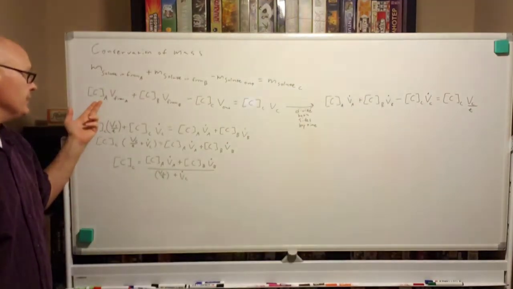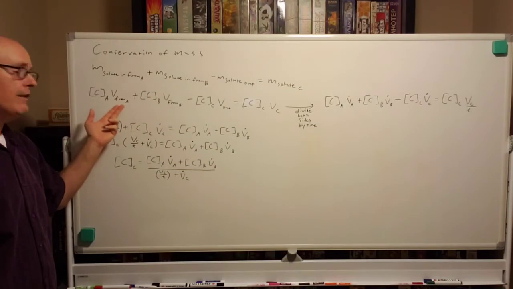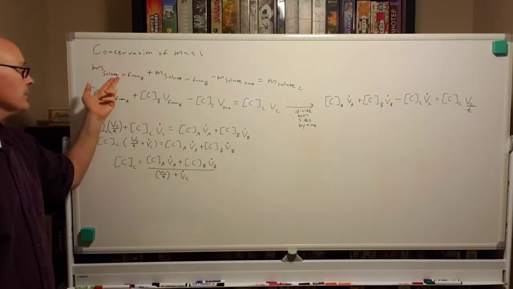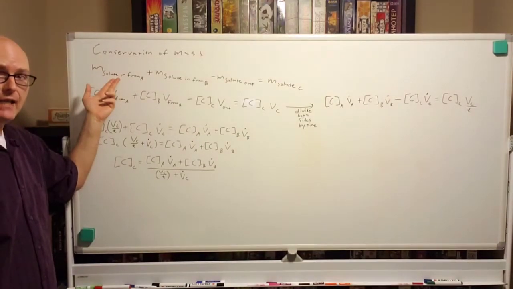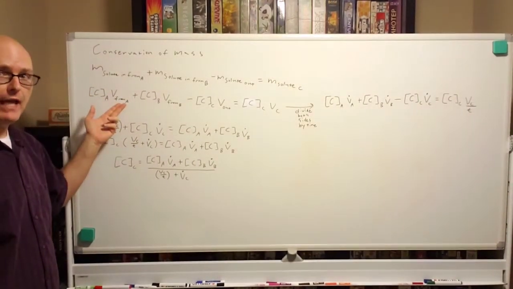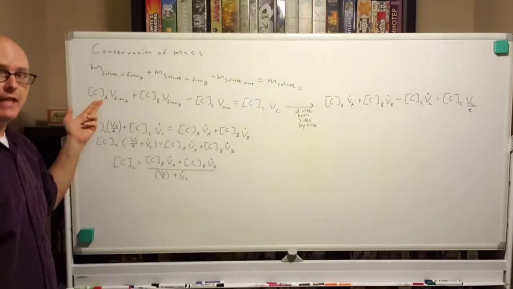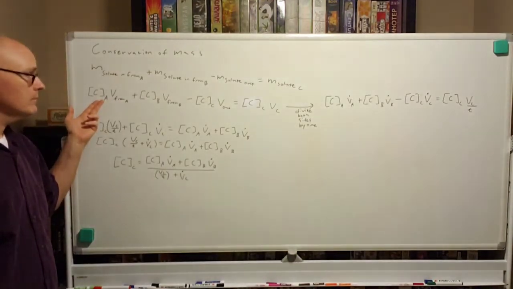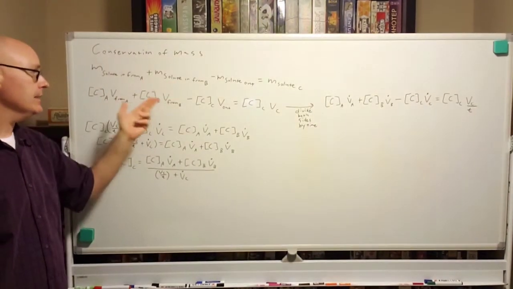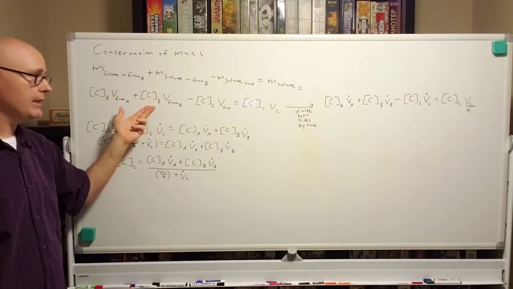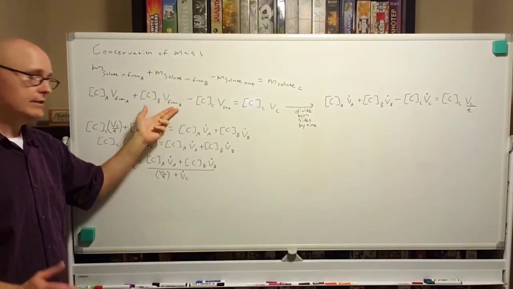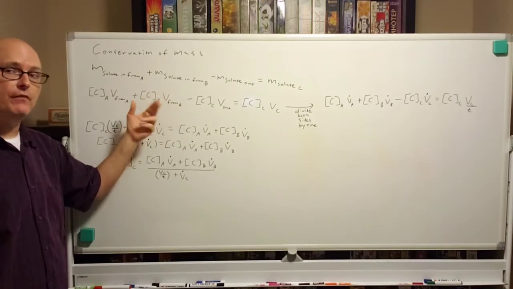The concentration multiplied by the volume gives me mass. So the amount of solute that flowed from A is the volume that flowed from A multiplied by the concentration of the tank it flowed from. The mass of the solute from B is equal to the concentration of tank B multiplied by the volume that flowed out of B. It's important to note, this is not the volume of the tank itself.